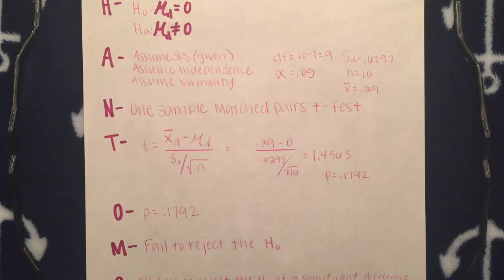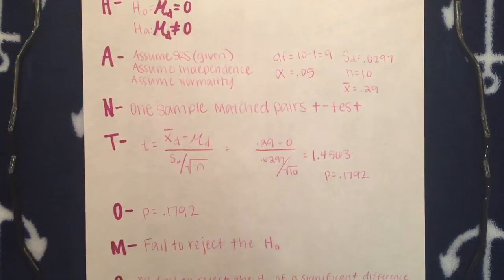So that is 0.29 minus 0 divided by 0.6297 divided by the square root of 10. So that is 1.4563, and when we go to our table, we get our p-value of 0.1792.